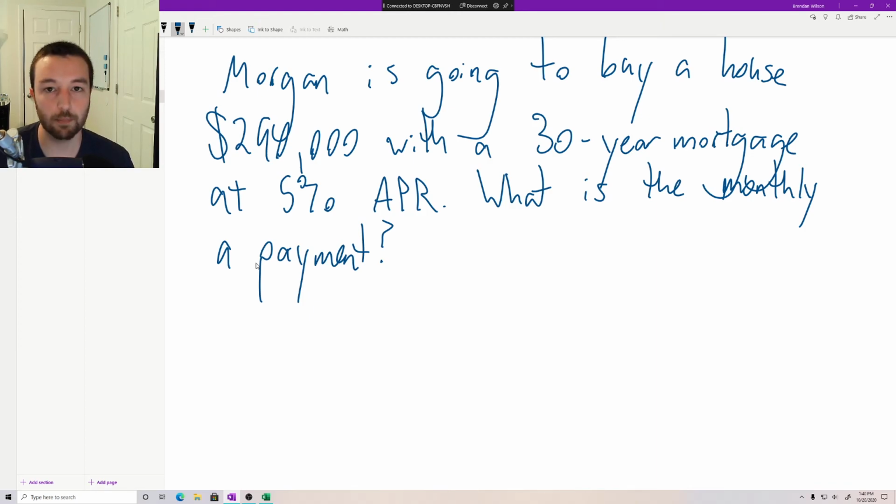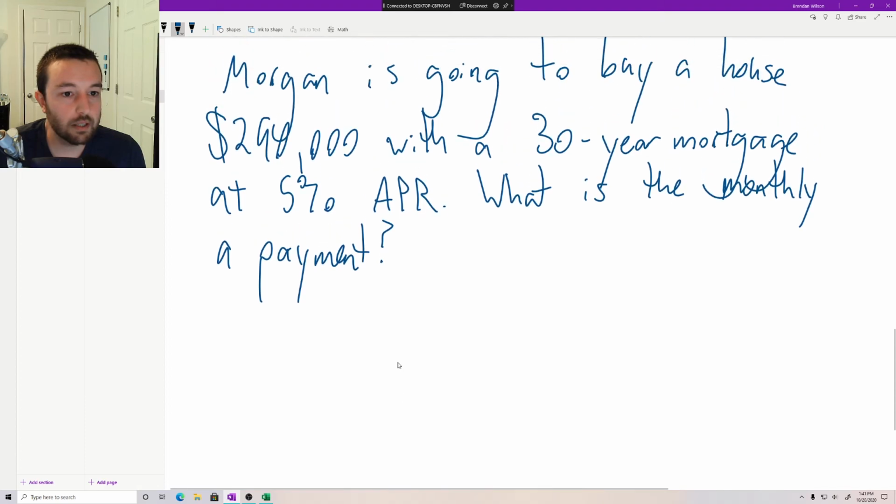So it heavily depends on what part of the country you're in. 5% APR though, that's pretty typical for mortgage rates around there. But in this area, 290,000 is probably pretty nice.